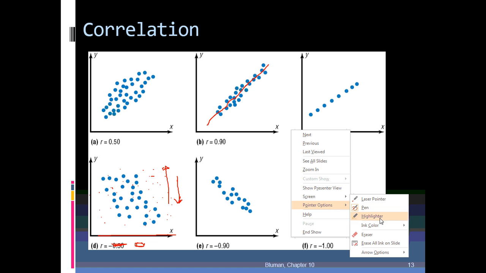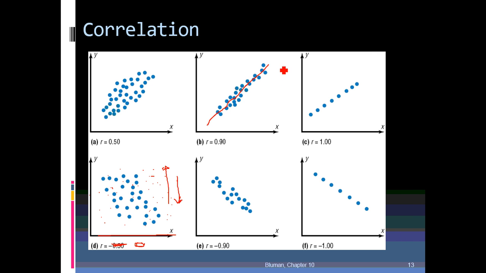Let's say we drew a line. What that formula basically does is it measures how far away all these points are. It measures the distance, and it finds an average distance, how far they are away.